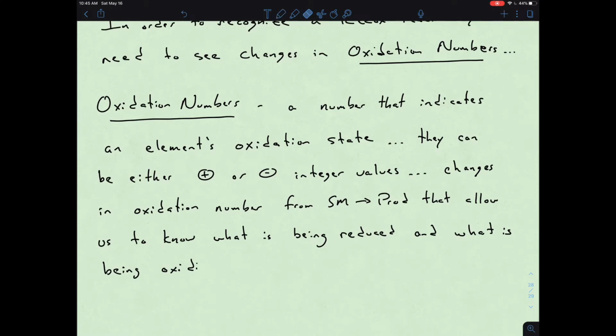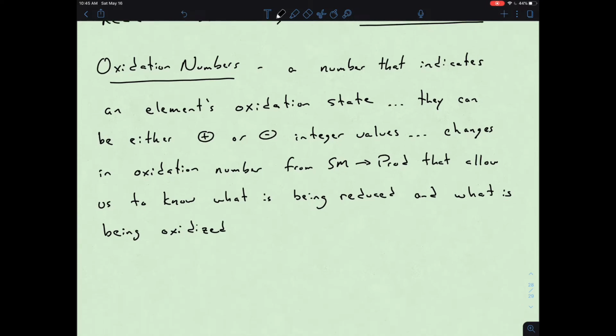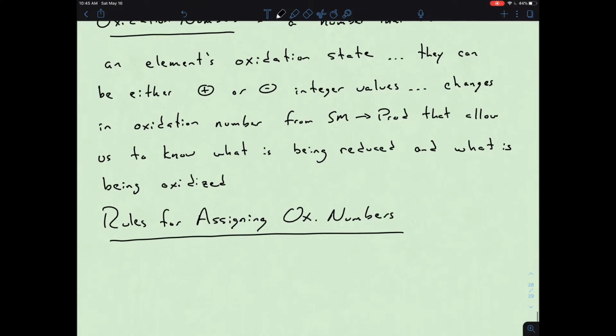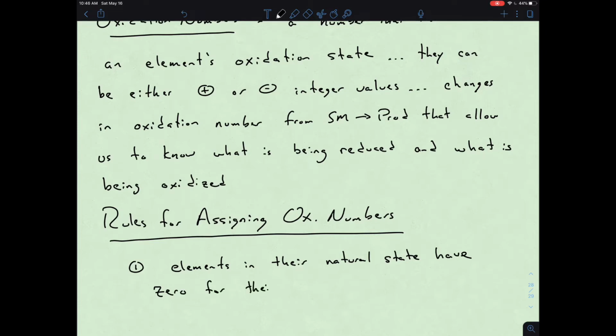So we have to have some rules for putting these oxidation numbers together. So the first rule, elements in their natural state have 0 for their oxidation number.